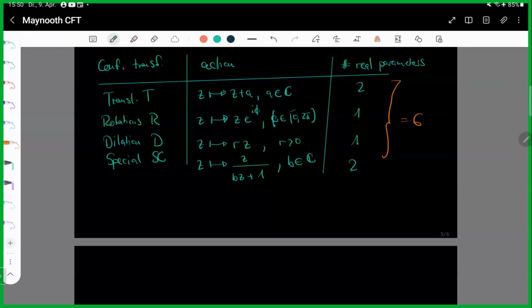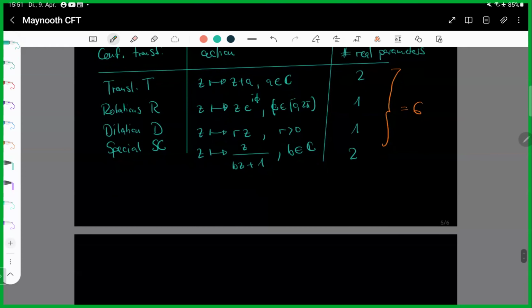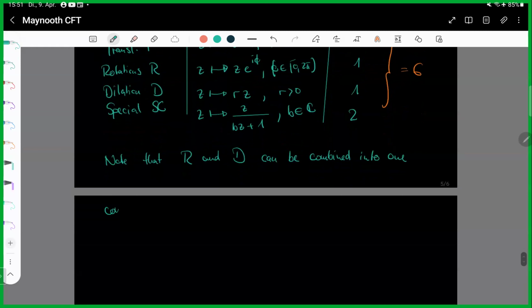So if you zoom in on the dilations and the rotations, you see that you can rephrase them. The rotation and the dilation can be combined into one complex dilation.